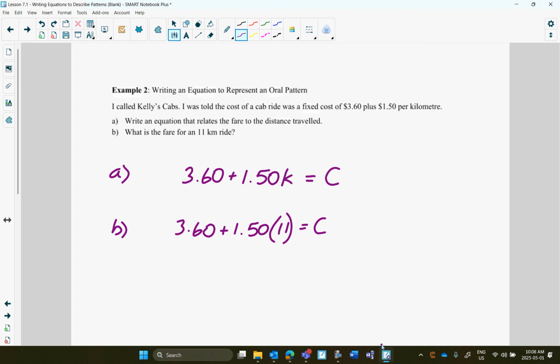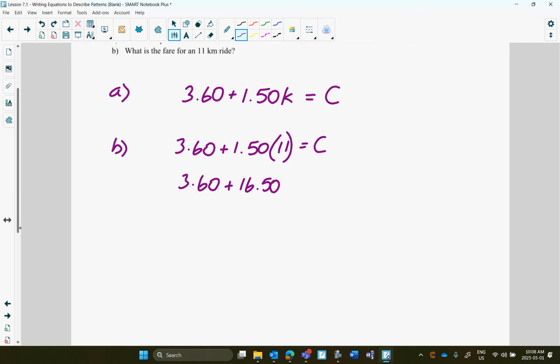I'm going to cheat a little bit here, 3.60 plus 16.50, which gives us $20.10. I think. That's the cost.